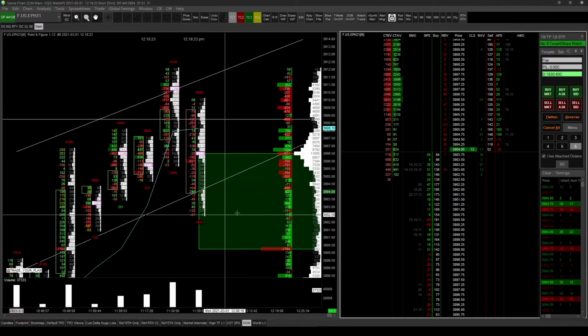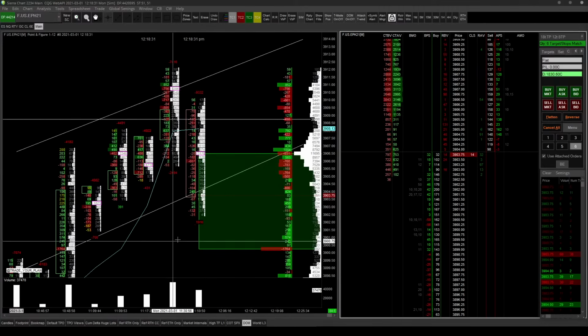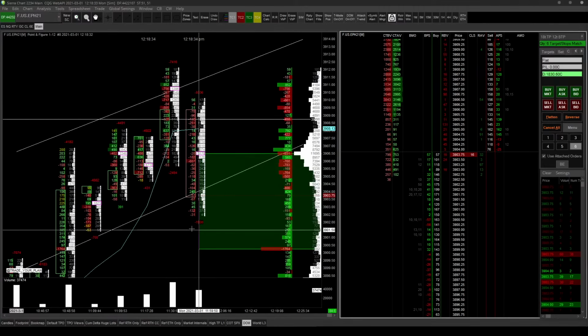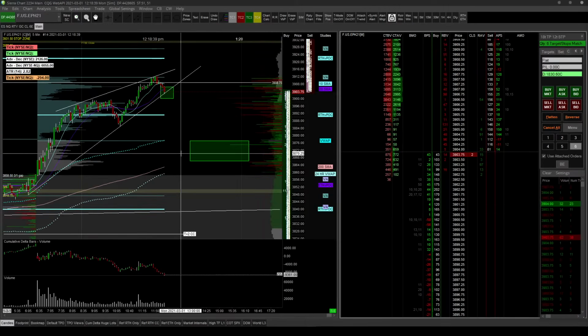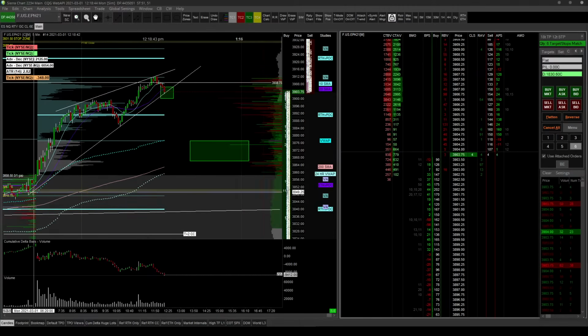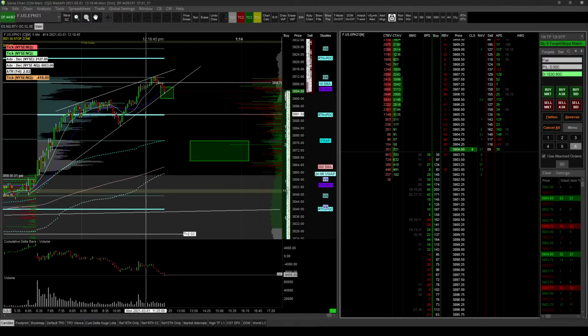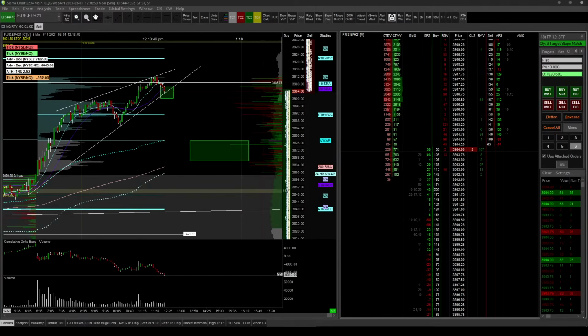The algos sense it. They put bids on top of yours, get a few extra ticks out because you slide your orders to get your fill because you're impatient. You want to hit it the first time it comes down. And then some of you guys are like, hey, isn't there the case where it comes and it bounces and then it comes back up? That's right. It does do that sometimes.